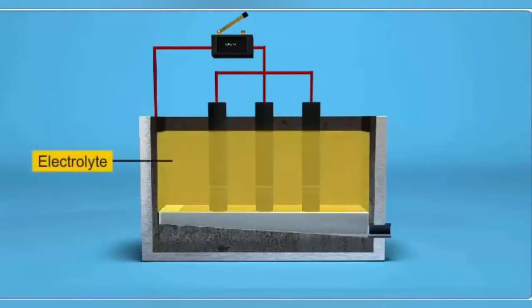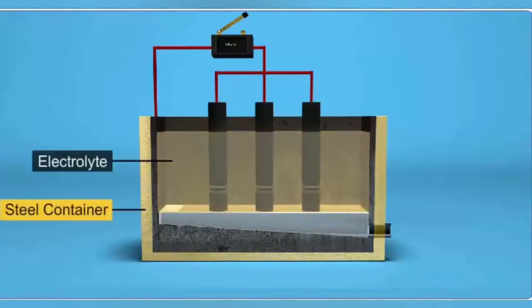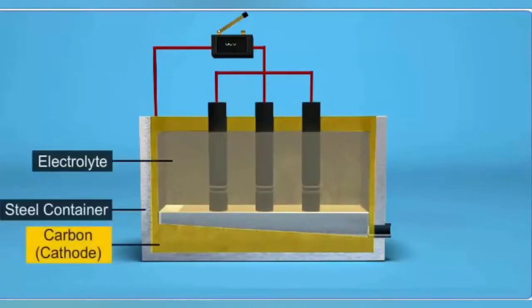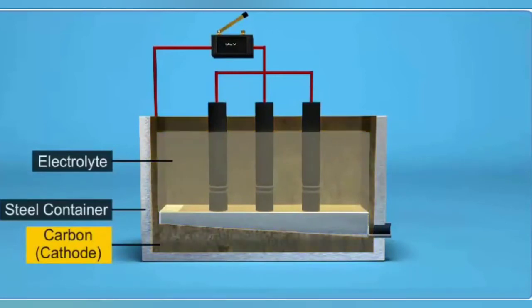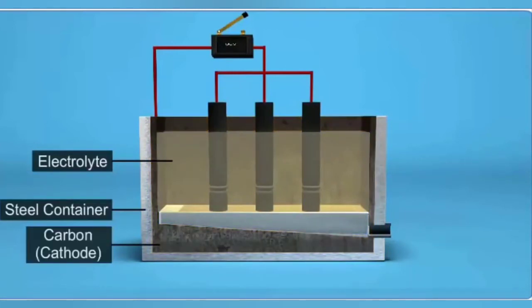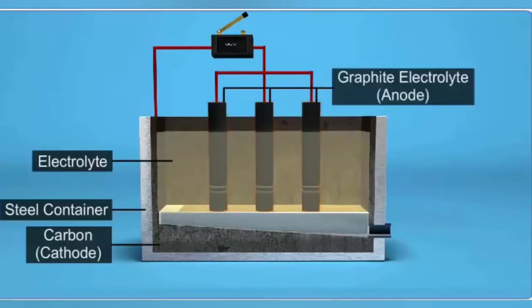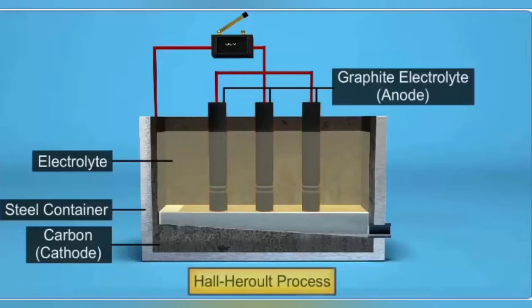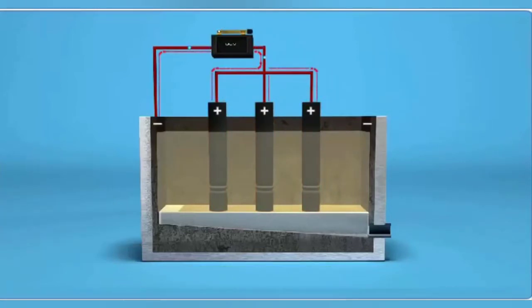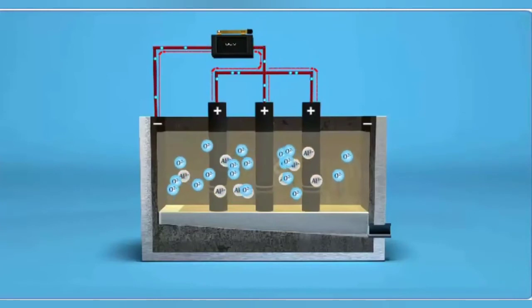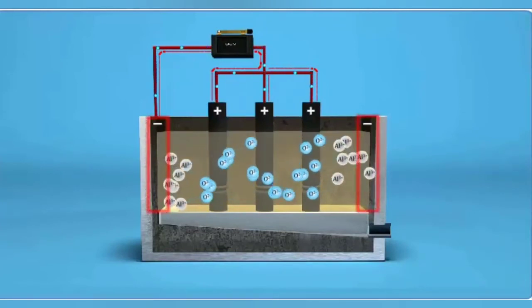In this process, the electrolyte is taken in a steel or an iron container lined with carbon, which acts as the cathode. A number of graphite rods immersed in the electrolyte act as anode. This process is also known as the Hall-Héroult process. When current is passed, all the aluminium ions, that is Al3+ ions, move towards the cathode.